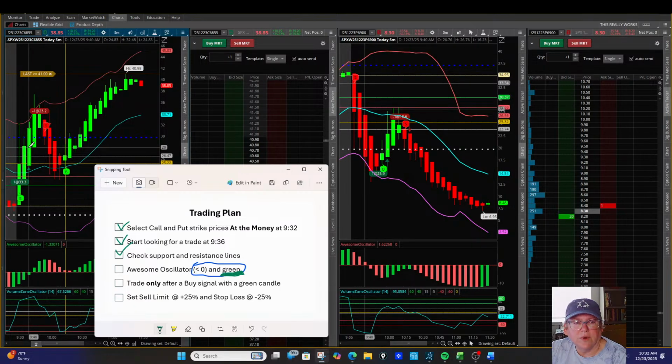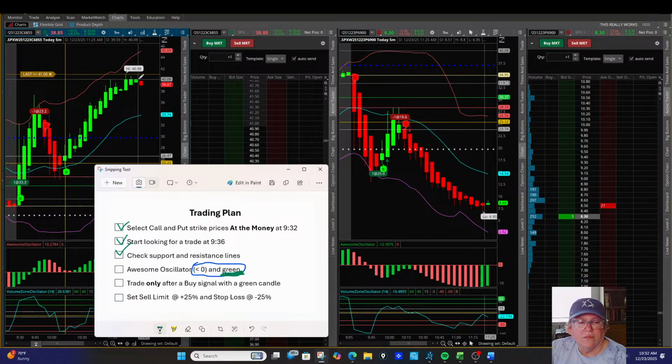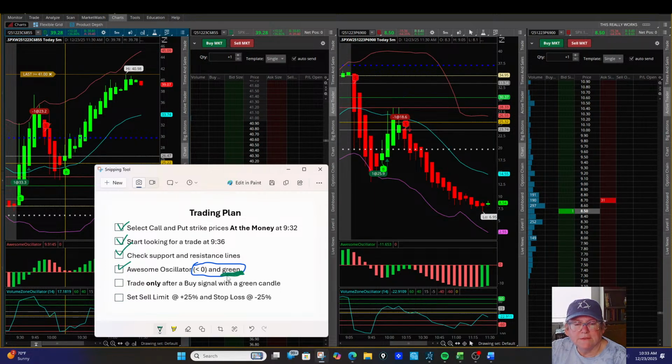It shows these green bars hitting through the overnight high and just continuing to go up. So I'm still holding with this.